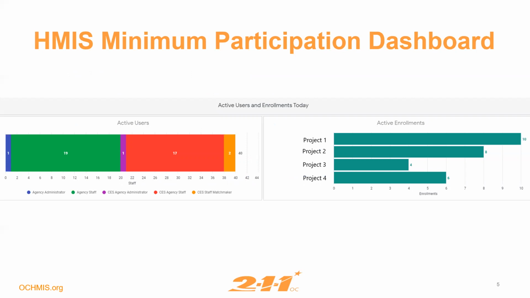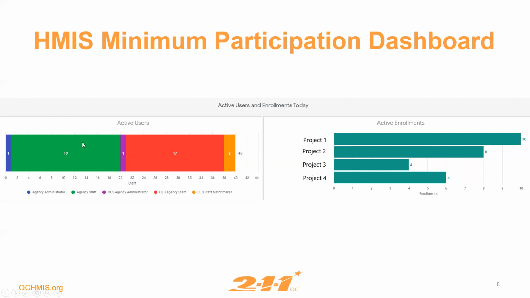So we drafted a dashboard, and there are two separate sections, and this is the first one. This section of the dashboard will tell you, as of the date you're running the report, how many active users you had at your agency, as well as how many active enrollments.